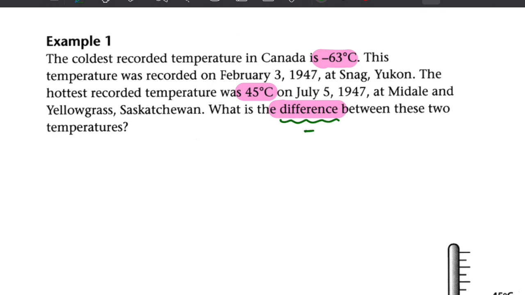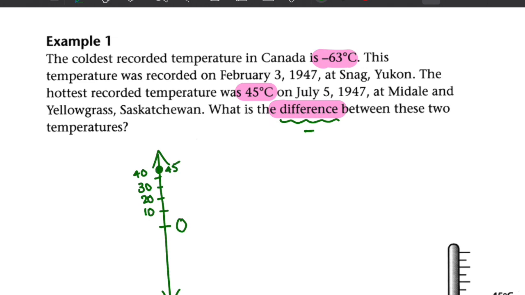So the first thing that we want to do is try to visualize what this scale looks like. So I'm going to draw a temperature scale. Okay, I know 0 is somewhere around here. The first temperature I have is 45. So let's say this is 10, 20, 30, 40, and then here's 45 right there.